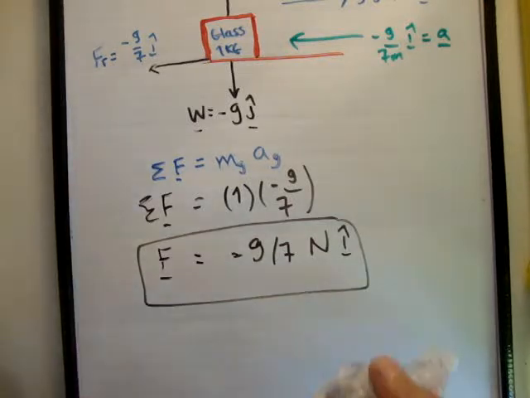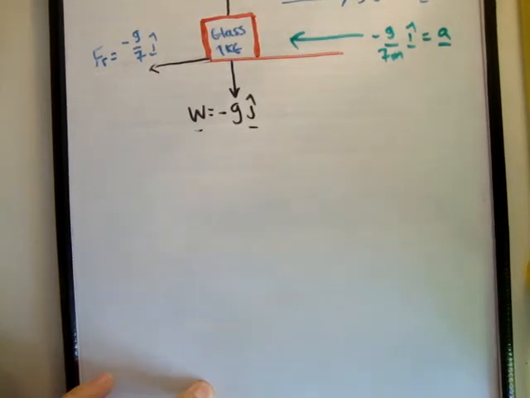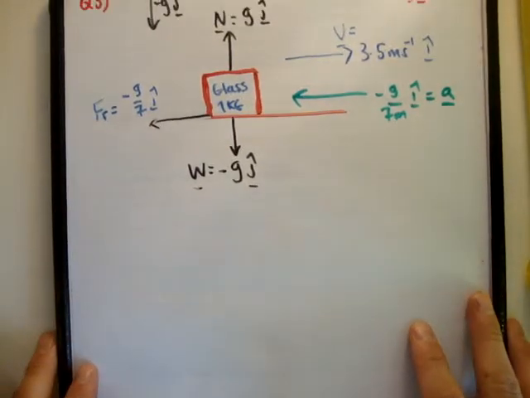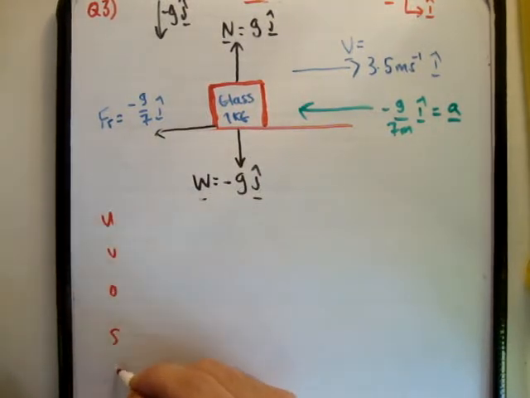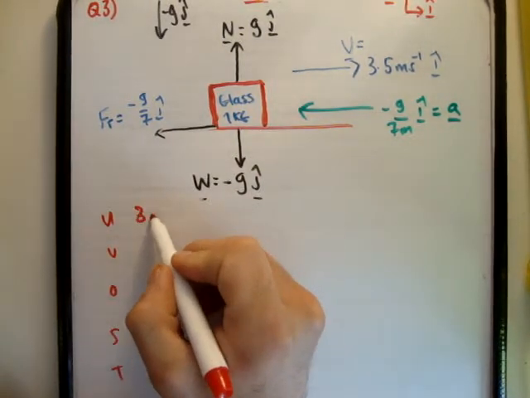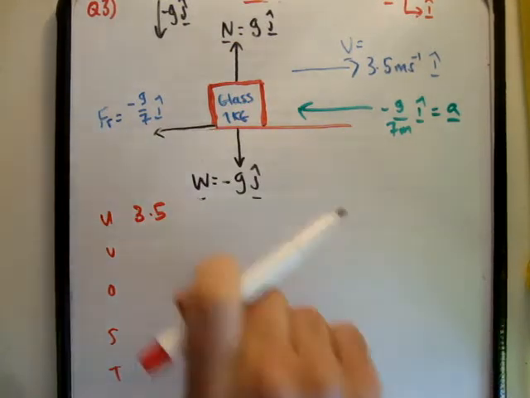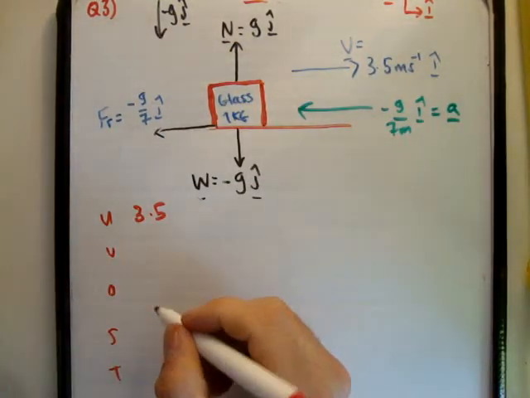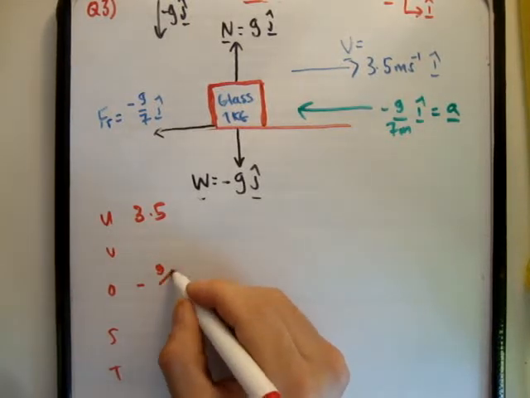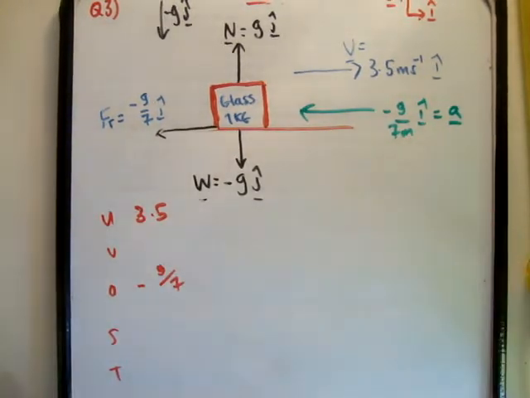Alright? So let's just use our accelerated linear motion concepts of UVAST and apply them. So we have u, v, a, s, t. It begins at 3.5. It is moving initially in this direction, but it's being decelerated in this direction, so I'm going to call my deceleration g over 7, because of course the mass is equal to 1.